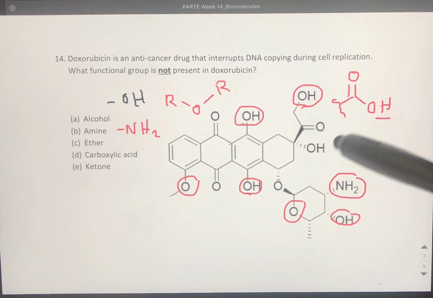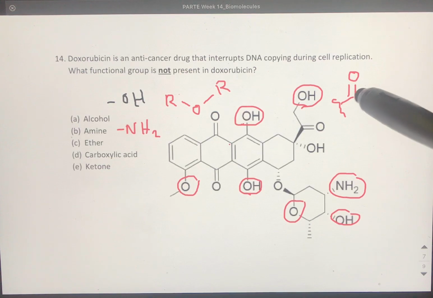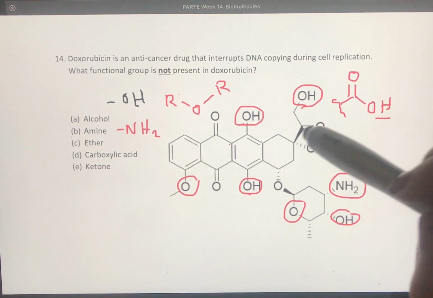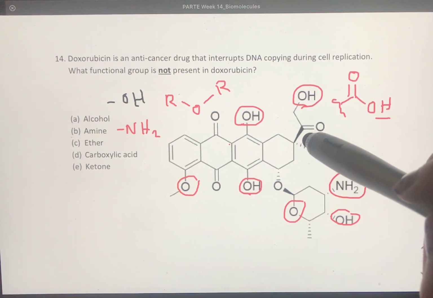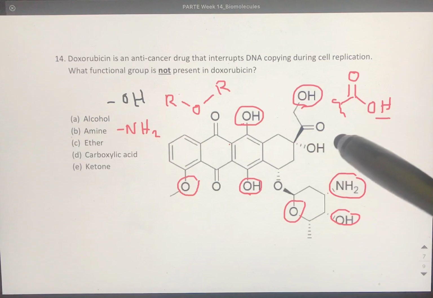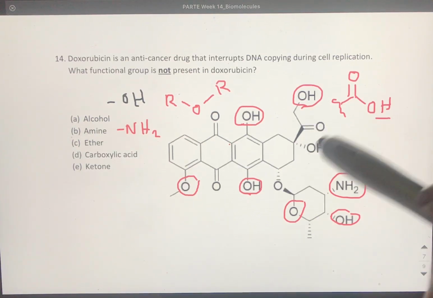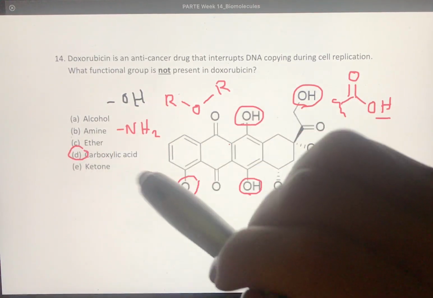We have one right here, and this kind of looks like a carboxylic acid, but this hydroxyl group has to be connected to the same carbon that is the carbonyl, so the double bonded O. So this one, the hydroxyl group, is one step away, what we call the beta carbon. So it's not on the carbonyl carbon. So this one is not a carboxylic acid. So the answer is going to be D.